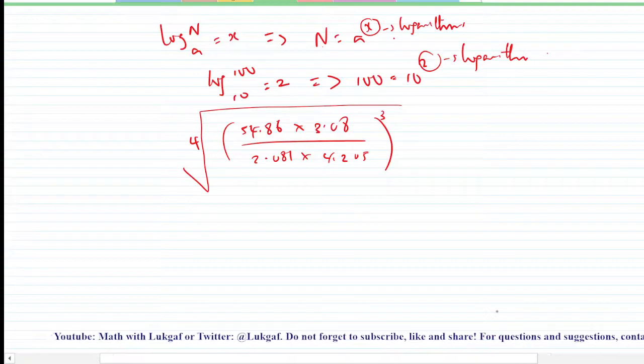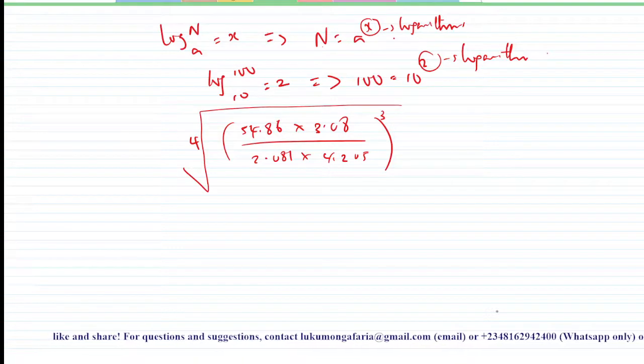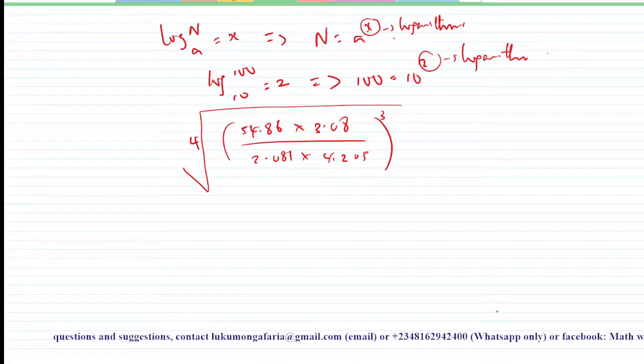You will see that if you want to solve it directly, it is difficult and will take much of your time. But you can easily do this using your logarithmic table without using a calculator.